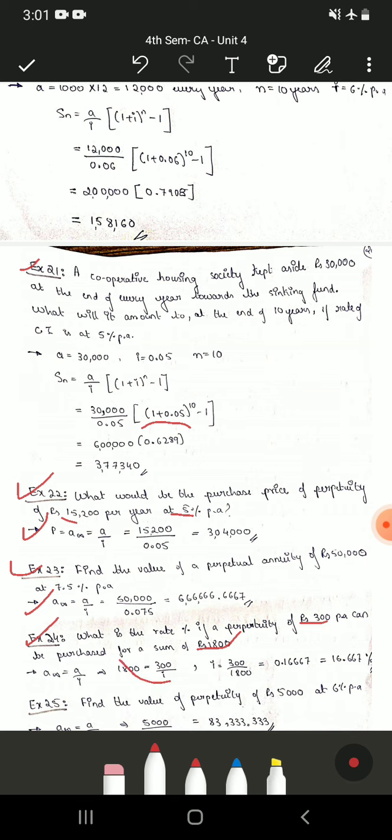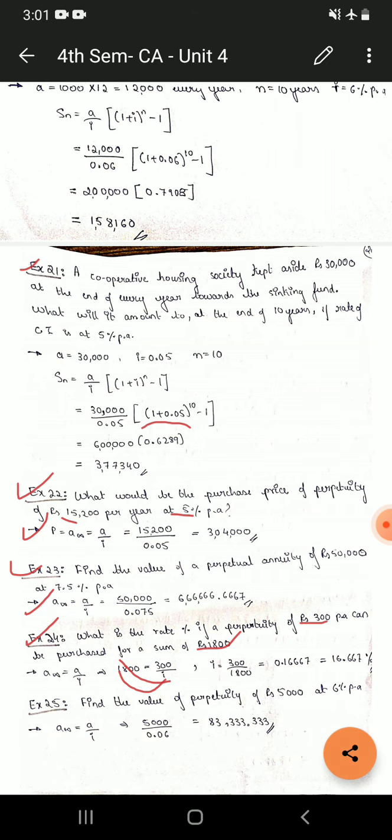Very simple: this will go to the left hand side and become multiplication, and this will come to the denominator. Therefore i is 300 by 1,800. You get 0.1667. i is always denoted in terms of percentages, so multiply by 100 and you get 16.667%.